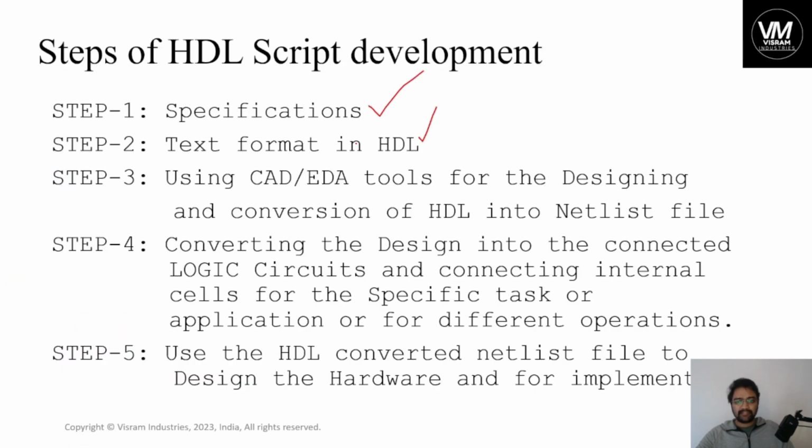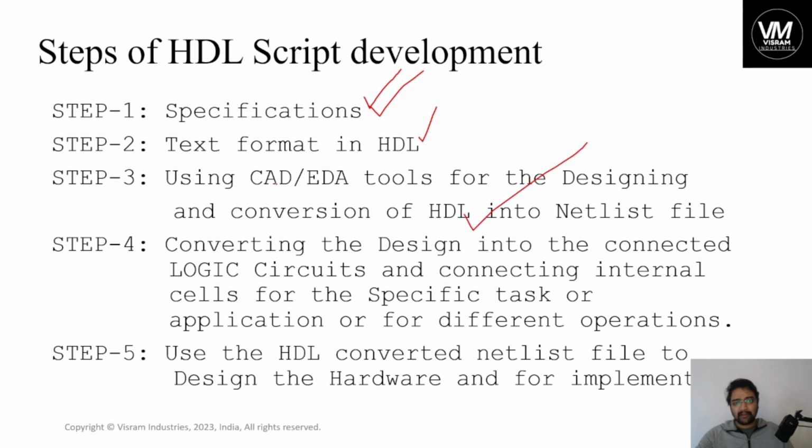Now, these specifications for the HDL written should come from the clients, based on the customer requirements. For example, if we are developing an FPGA for a robotic arm, then for that robotic arm application we need to develop the HDL, and then use CAD.